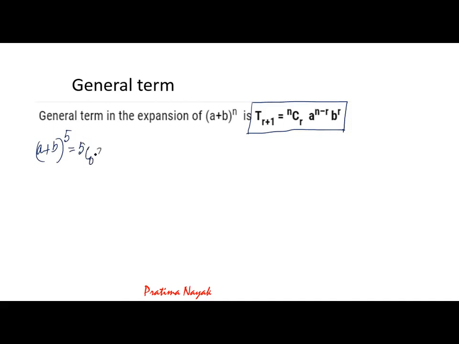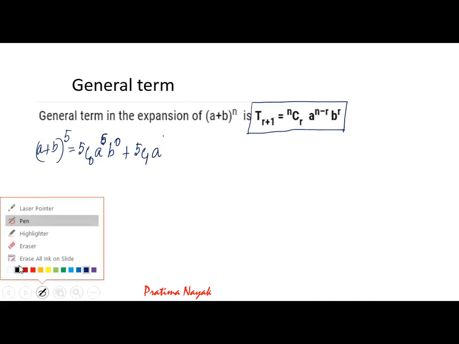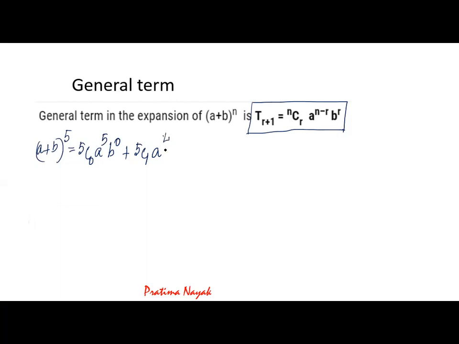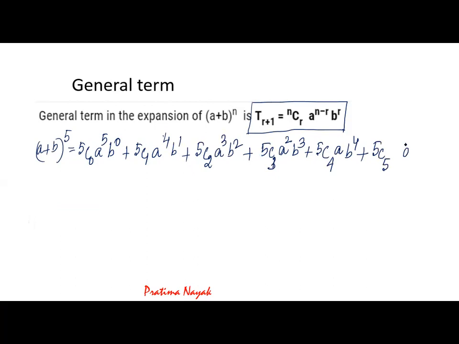It will be 5C0 a^5 b^0, 5C1 a^4 b^1, 5C2 a^3 b square, 5C3 a^2 b^3, 5C4 a^1 b^4, 5C5 a^0 b^5.